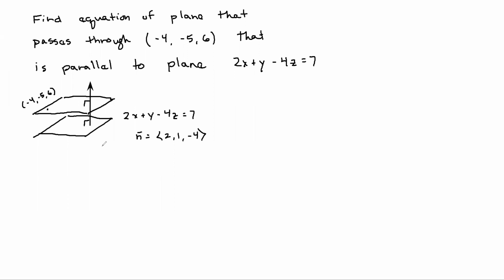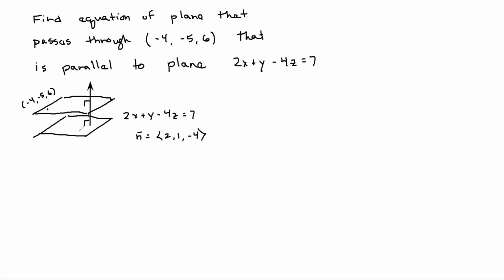Why is that? Well, the way that you could think about it is if they're parallel, you could take this plane and shift it downward. And what would happen? It would land right on this plane. It would become this plane if you just shifted it downward. And so if by shifting this plane downward, it landed right on this other plane and became this other plane, then they both have to be orthogonal to the normal vector.